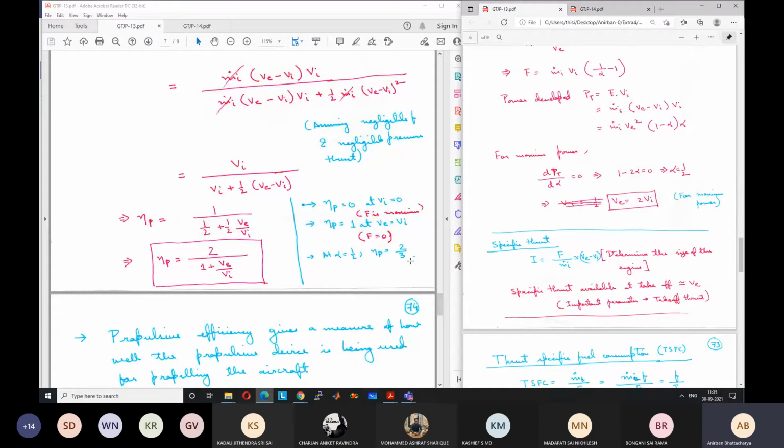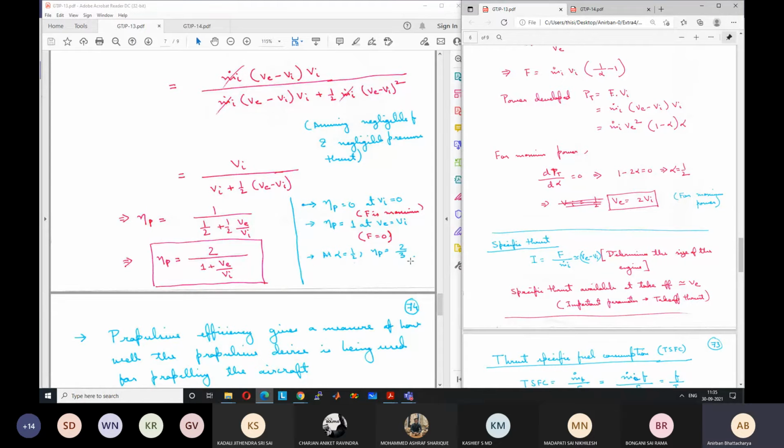Say you design an aircraft which has a very large exhaust velocity, like a turbojet engine. We design a turbojet engine, so the exhaust velocity of the turbojet is quite high. However, the aircraft we want to operate at a lower velocity, like a passenger aircraft, with a velocity just below the sonic velocity, Mach 0.9.